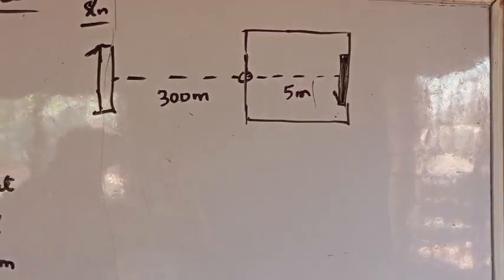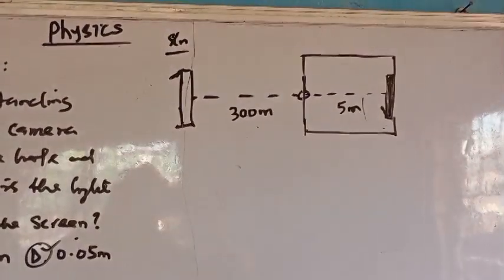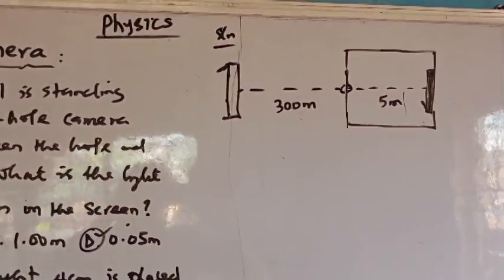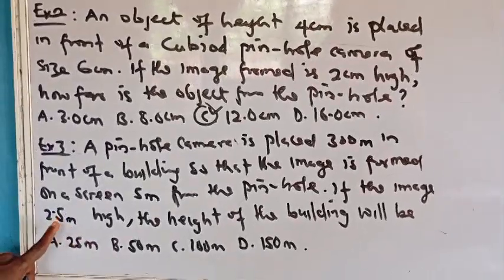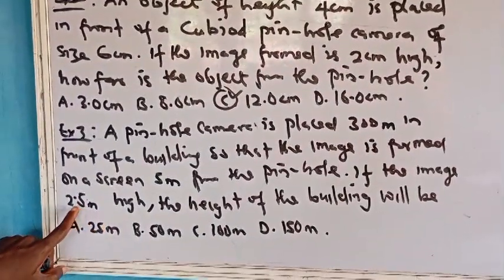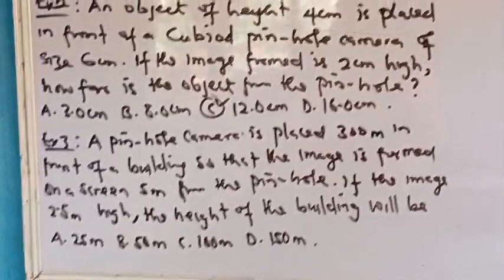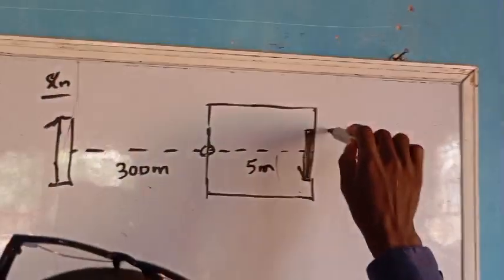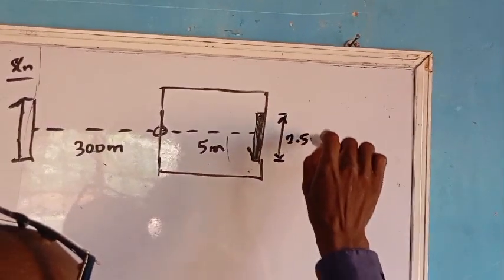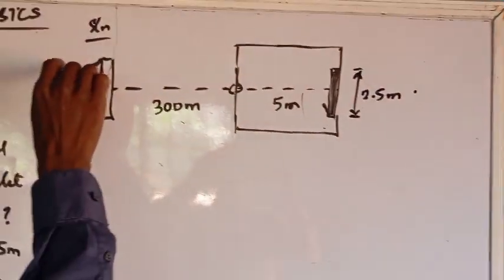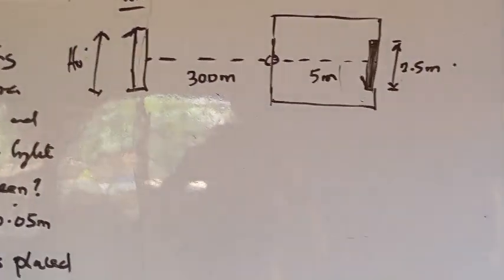Are you getting it? 5 meters from the pinhole. Then they say the image is 2.5 meters high, from here to here. They say you should calculate the height of the building, which is the object height.